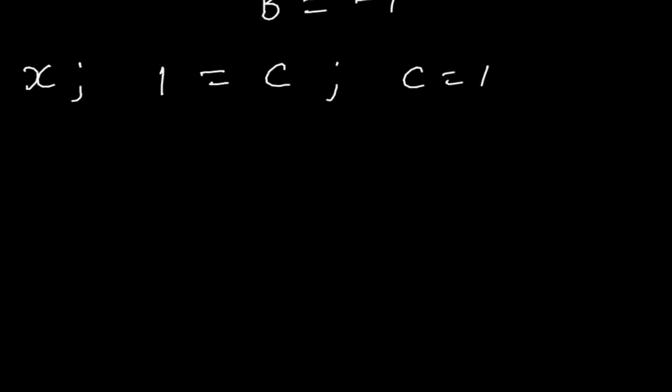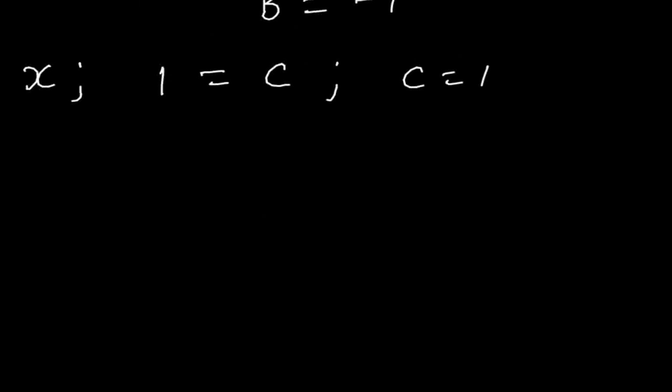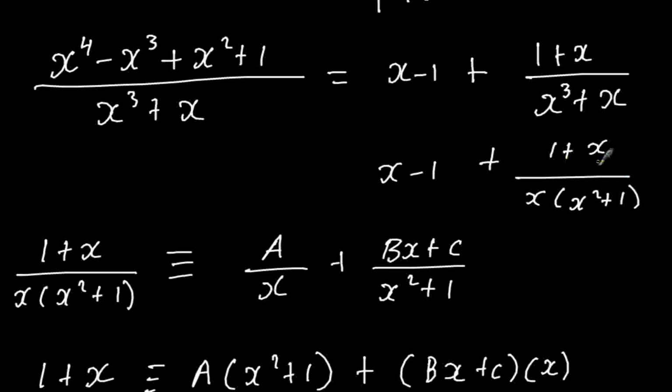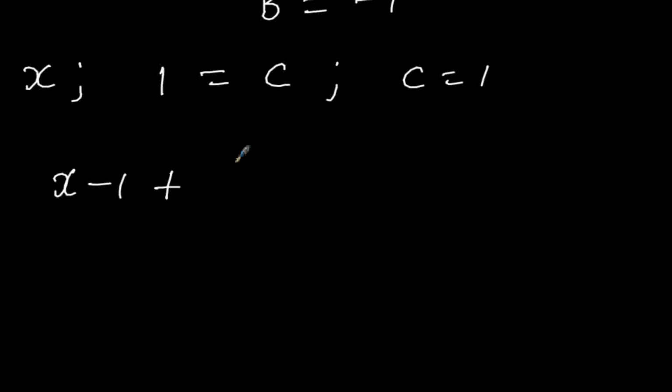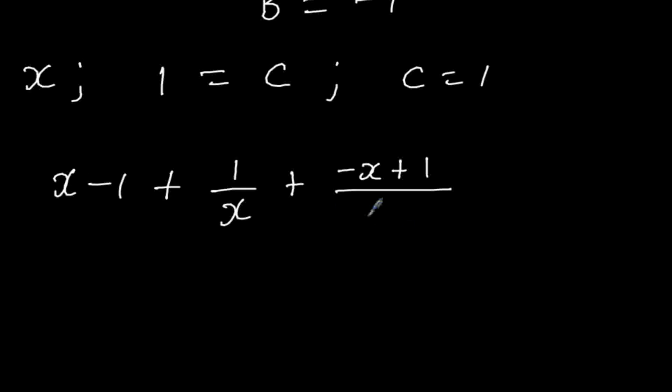So we have here this part, which is x minus 1 plus this part which we have expressed as partial fractions, a over x, which is 1 over x, and then plus b, which is negative x, over x squared plus 1, then plus c, which is 1 over x squared plus 1.